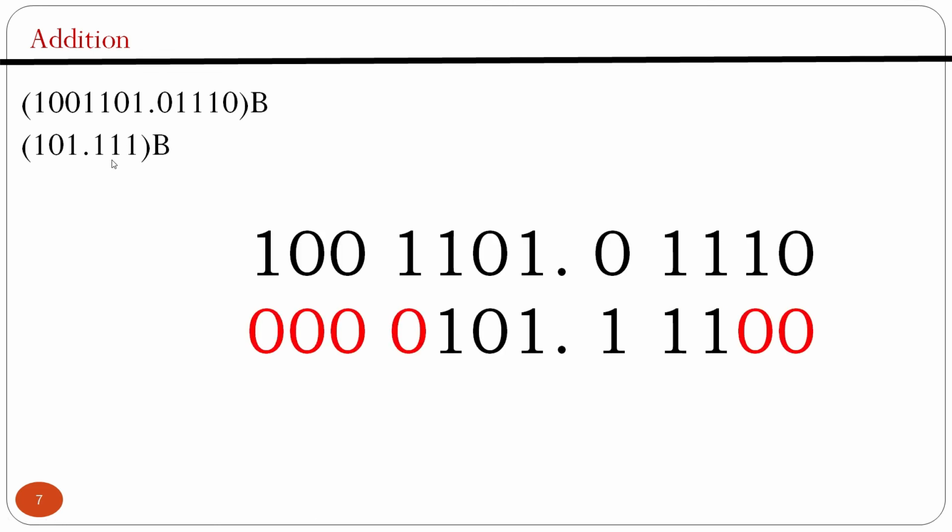So we have to add 0s in both the integer part and the fractional part, so that we match the binary point. Look here, we match the point and value.